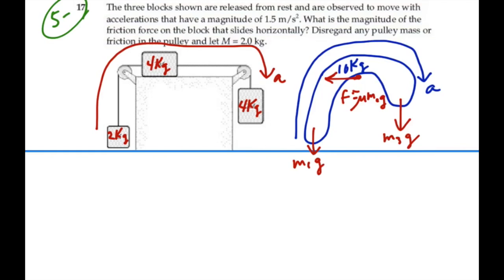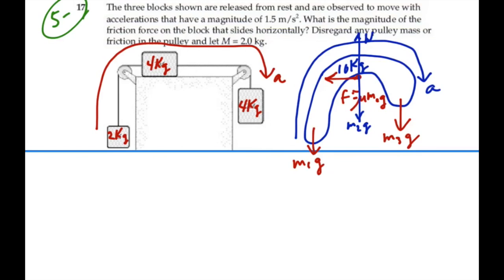If I were to write Newton's second law, there will also be a normal force here and an m2g here, but those are going to be transverse to the motion, not in the direction of acceleration.